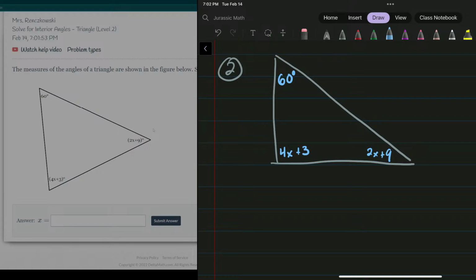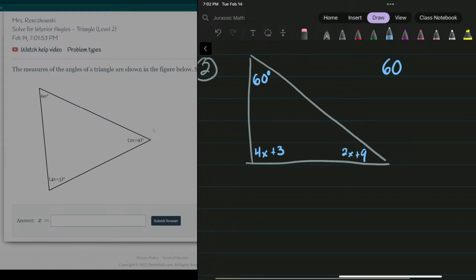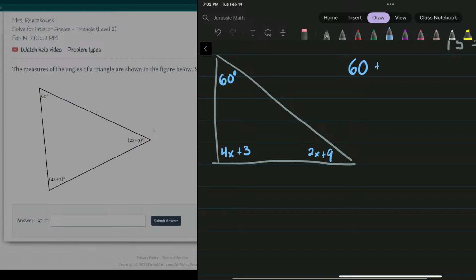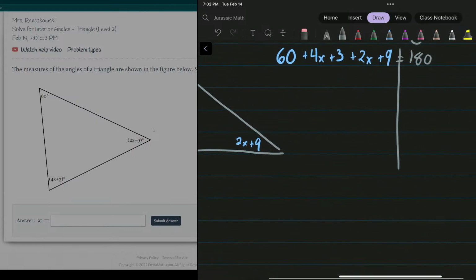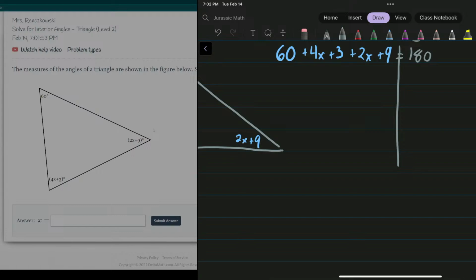We know that if we take all three angles, 60 plus 4x plus 3 plus 2x plus 9, we can set that equal to 180 degrees. And this will be a house method problem. Let me scoot that over. First we combine like terms.